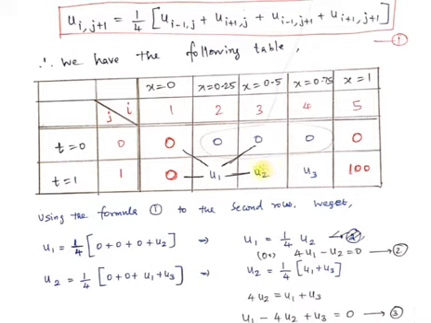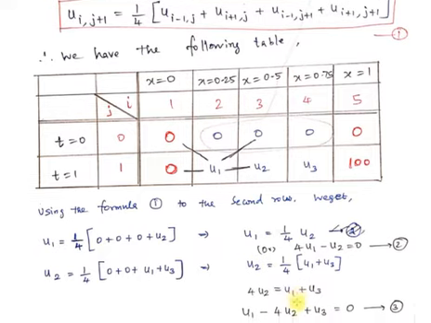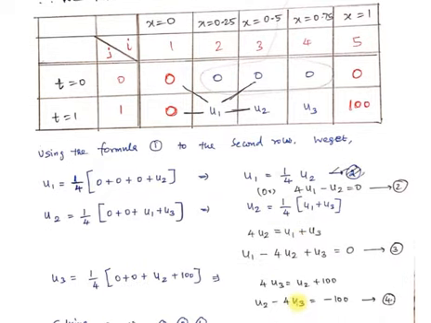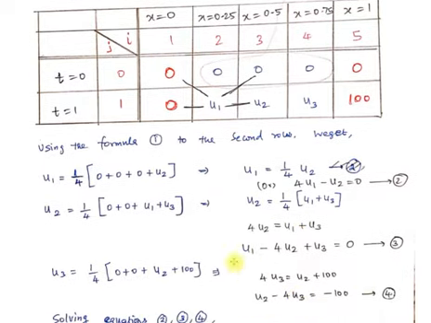The second one, u2 equal to 1 by 4 of 0 plus 0 plus u1 plus u3. So 4 u2 equal to u1 plus u3, which implies u1 minus 4 u2 plus u3 equal to 0, with 4 u2 taken to the right side.